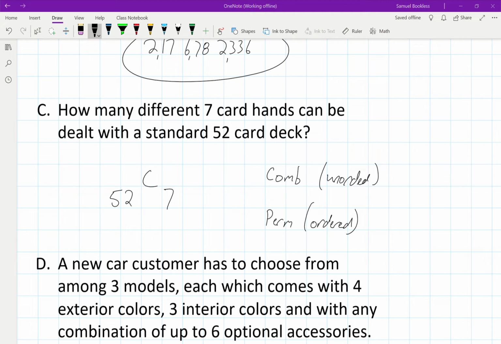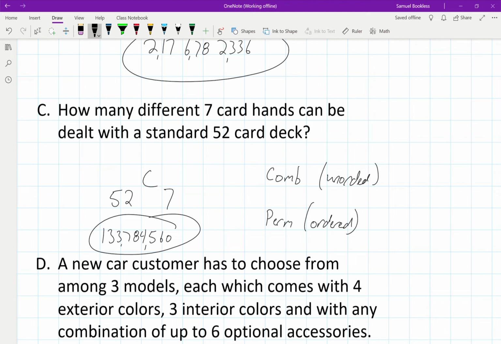So again, I'm going to say, okay, 52, hit math, go over to PRB, and this is nCr, and type in 7. And so again, a very large number, quite a few different options. So let's see here, 133,784,560. So 133 million different hands, right?